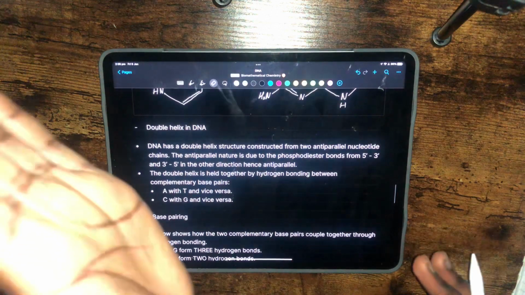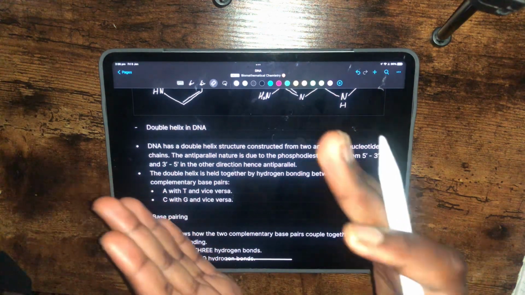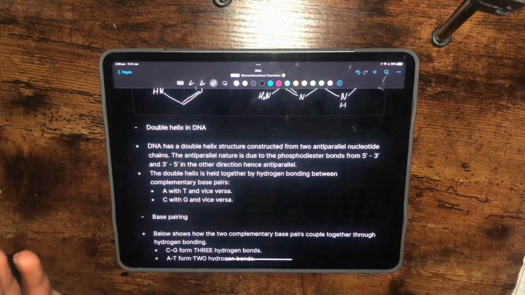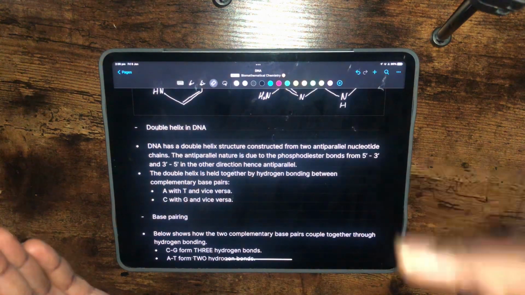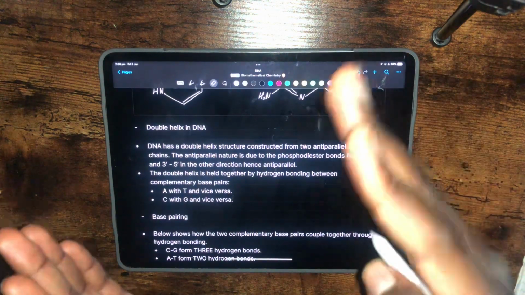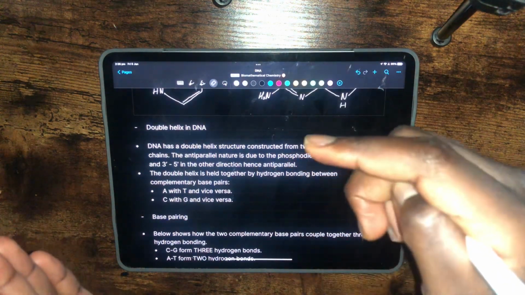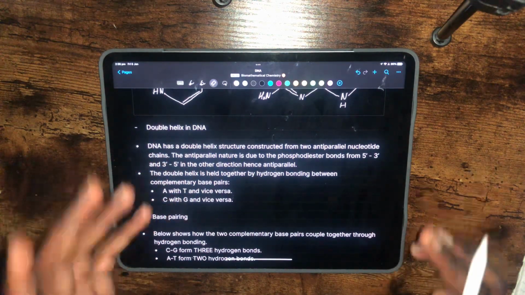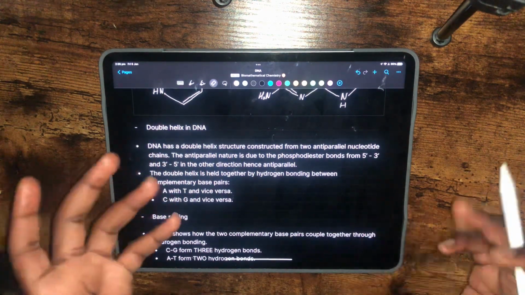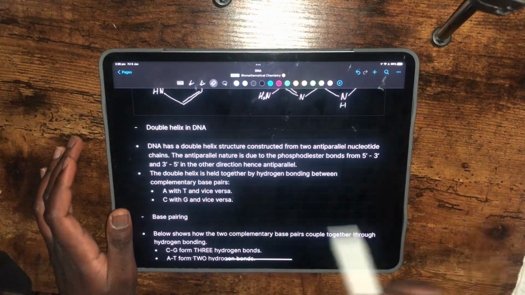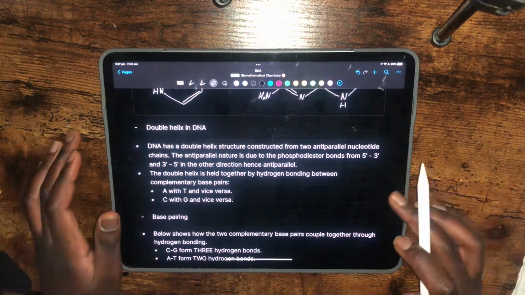So one side will be going like this, another side will be going like that. But when you look at it, it looks like 5 to 3, 5 to 3, 5 to 3. But because it's flipped on the other side, it'll read 3 to 5, 3 to 5, 3 to 5. Just know that they are flipped, hence it's called anti-parallel. So 5 to 3 on one side and 3 to 5 in the other direction, hence anti-parallel.